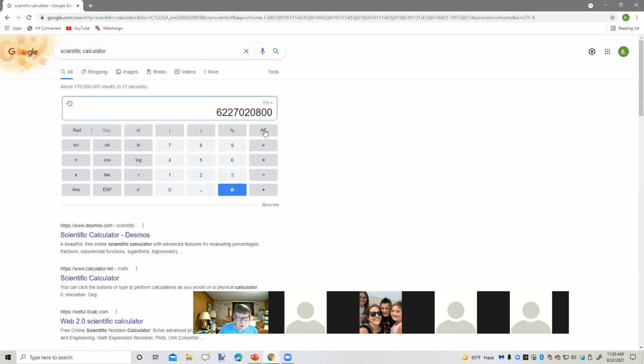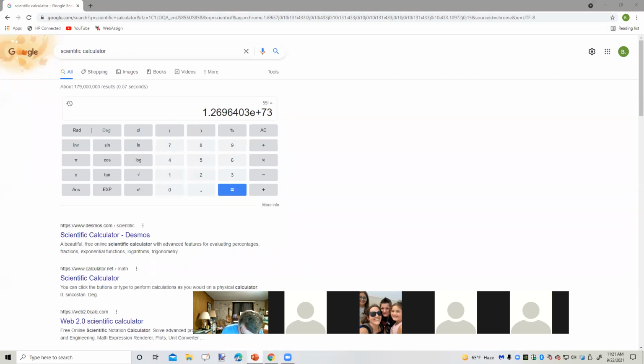Let's do another one that's even larger. Let's do this one, 55 factorial. Now, what does this mean? How do you interpret this? So this E plus 73 is basically saying scientific notation times 10 to the 73rd power.